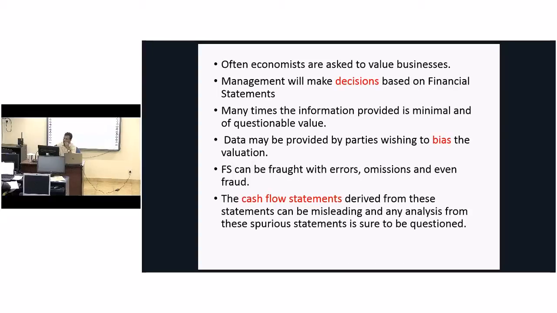Also, sometimes those people will be biased. Like when accountants are doing the job, they are also part of the management. Sometimes they are willing to show high income. If they are not willing to pay tax, what is their objective? They will underestimate what? Revenue or profit. So then they can minimize their taxation.